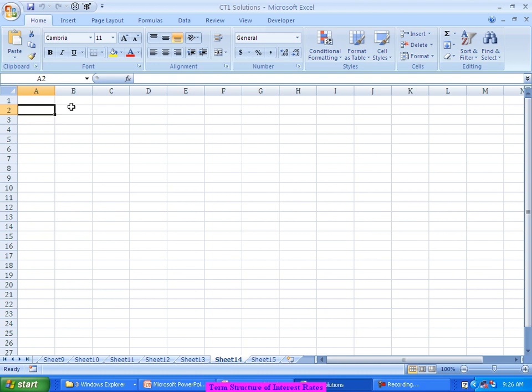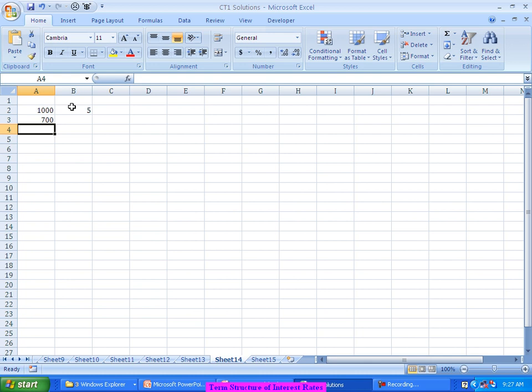Let's assume, for simplicity, there is a fixed deposit which is going to pay us 1,000 after 5 years, and we are asked to deposit 700 today. You deposit 700 today and that will give you 1,000 after 5 years.